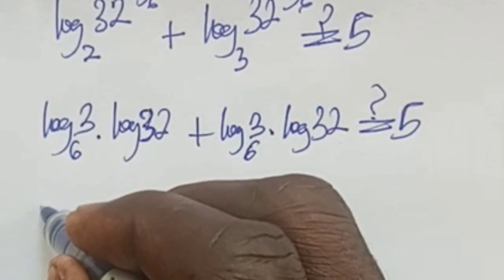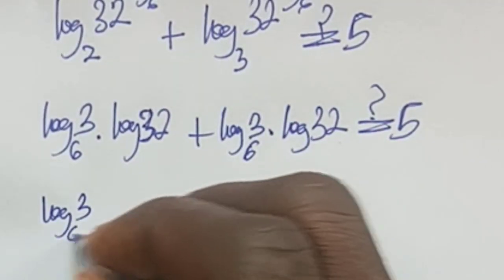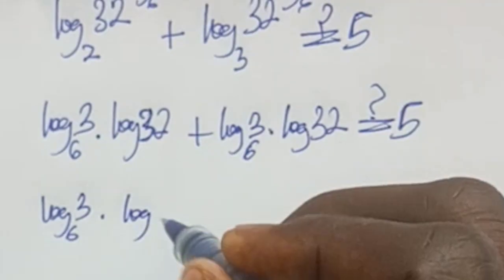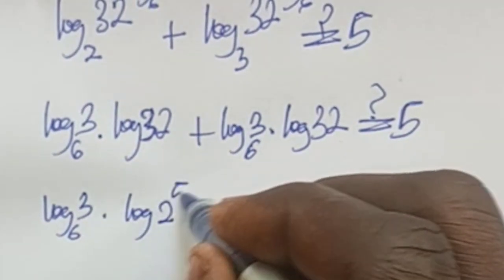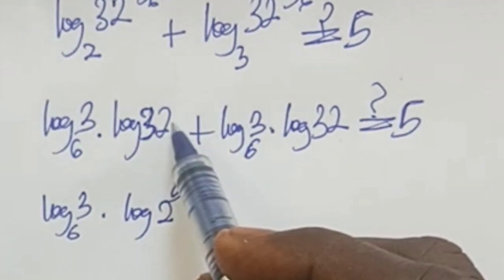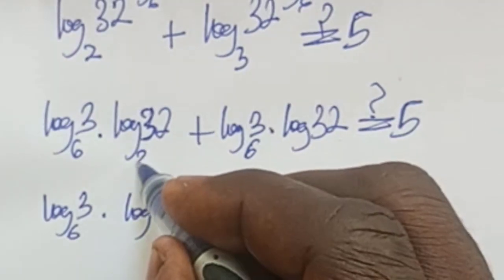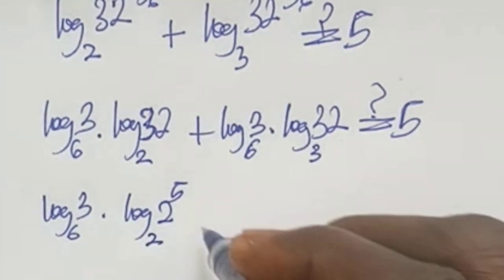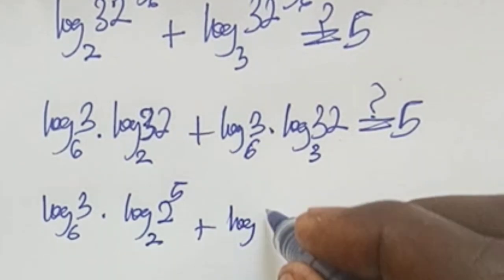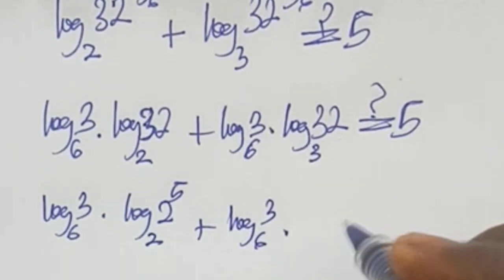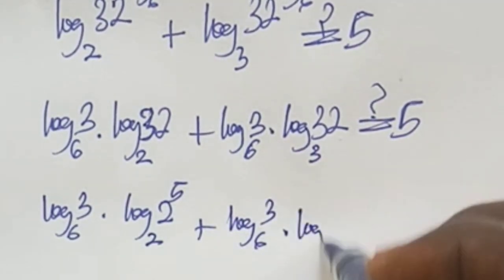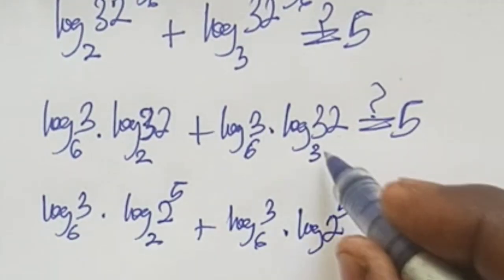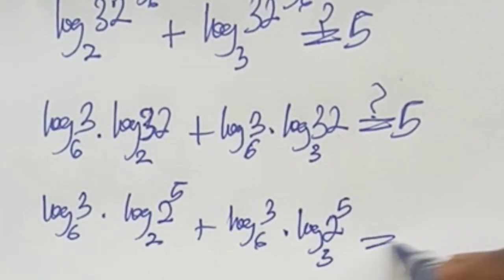And this again can be written as log 3 base 6 times log 2 to the power of 5, same thing as 32, this to base 2, plus log 3 base 6 times log 2 to the power of 5 base 3. Can this be equal to 5?